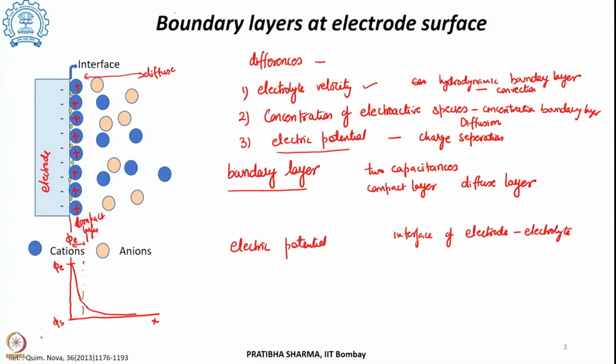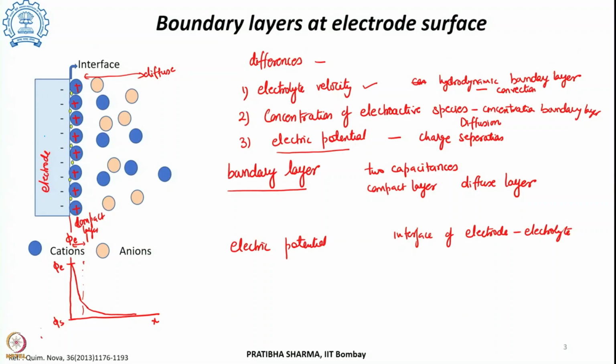You have to understand these things. What is happening at the electrode surface? There, boundary layer separation, or double layer capacitance, is forming.